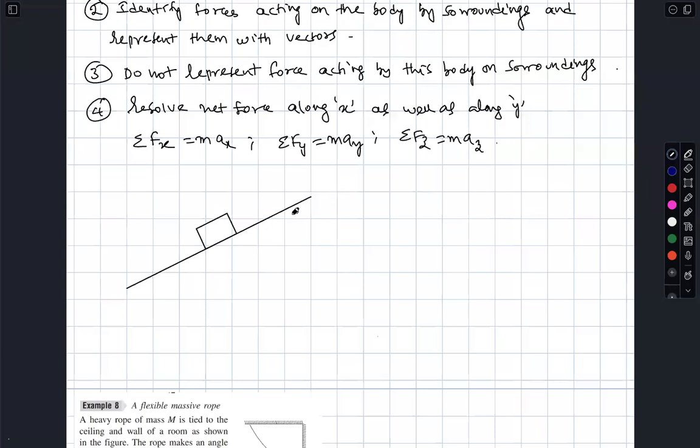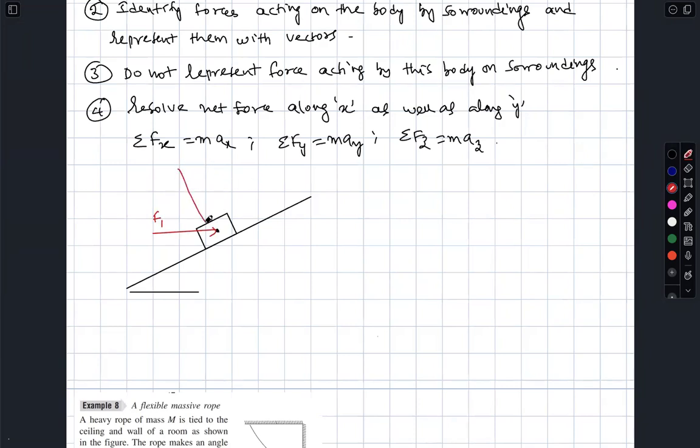Here is your block. Now I am assuming different forces acting on this. One is a force F1, which is parallel to the floor.